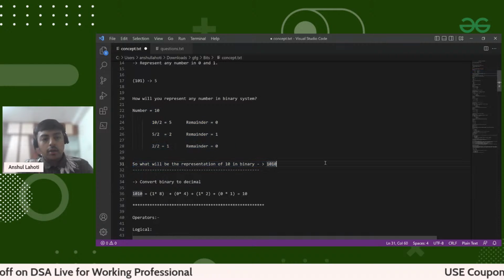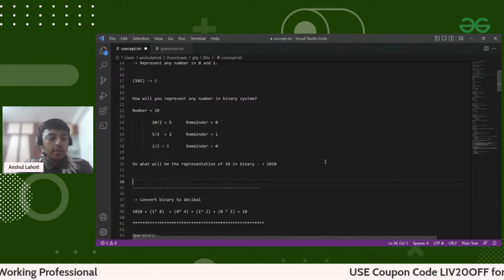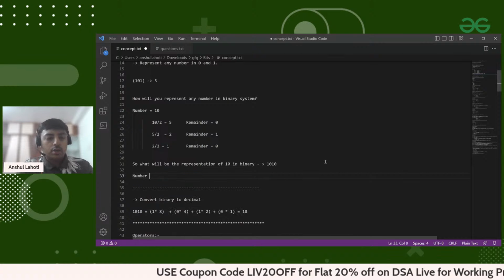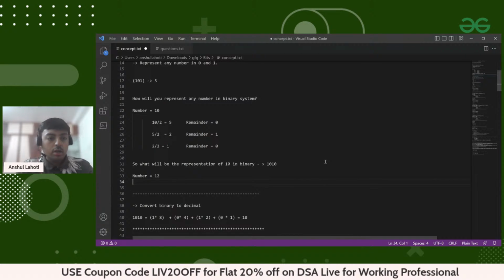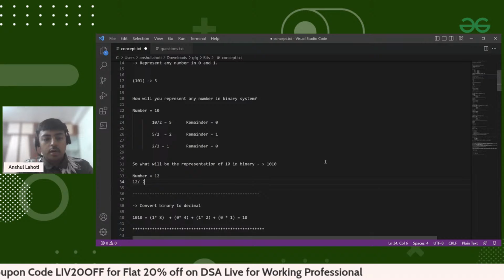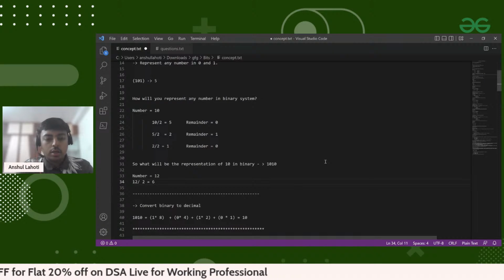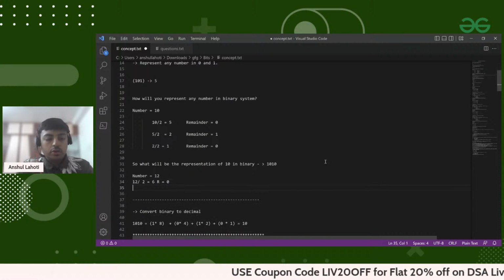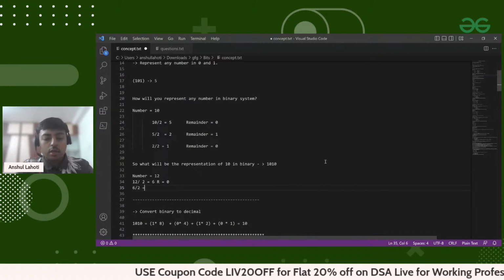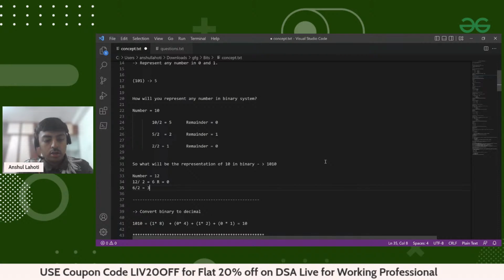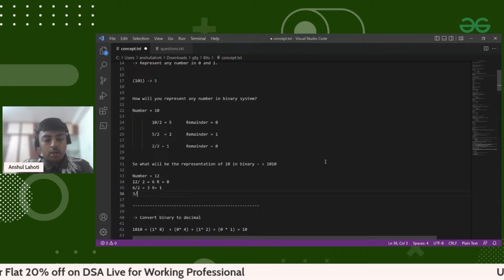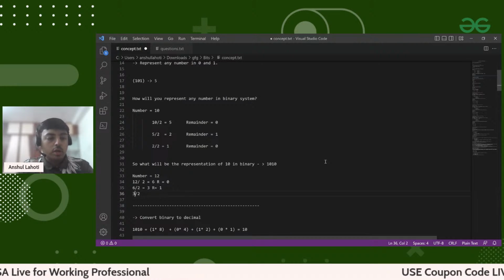For any number we can get it. I will take an example of another number. Let's say the number is 12. So 12 divided by 2 is 6, and the remainder is 0. 6 divided by 2 is 3, and the remainder is 0 here.